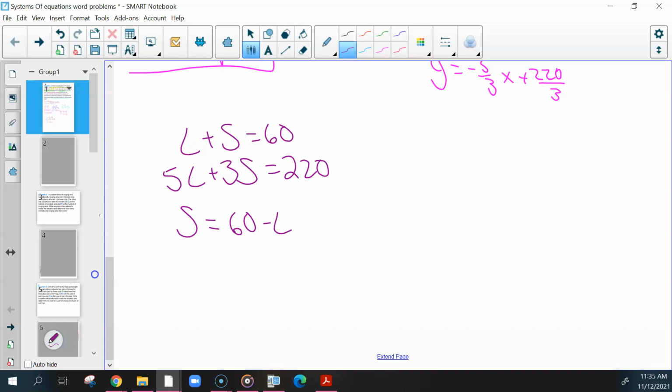And since we're solving this by substitution, we're now going to take this equation, the 16 minus L, and put this back into the other equation where S is. So this would be 5L plus 3 times 16 minus L equals 220.